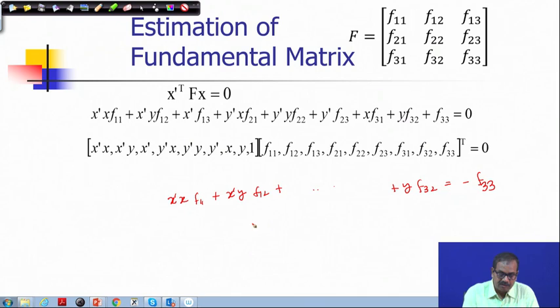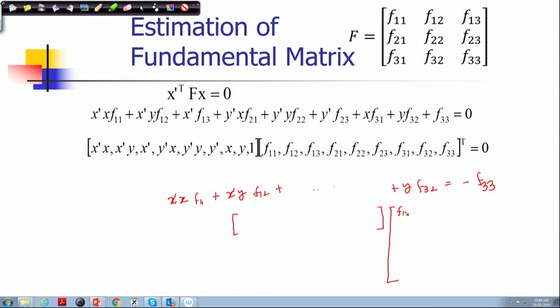Now once again you have a different matrix where your unknowns span from f11 to f32, and these elements go x prime x, x prime y, like this, till the term y f32, and that is equal to minus f33.